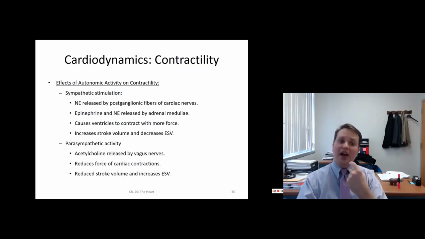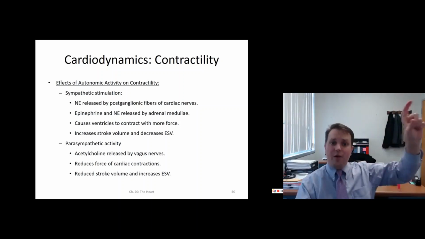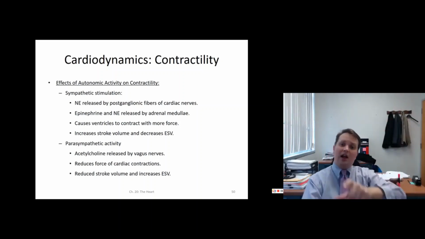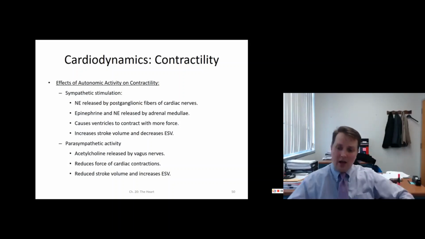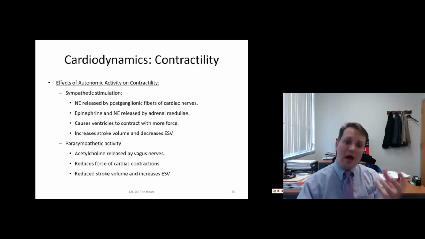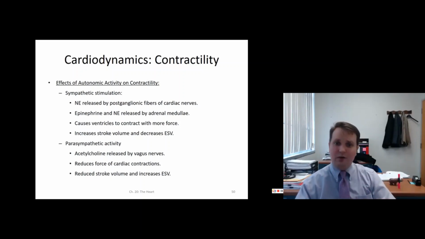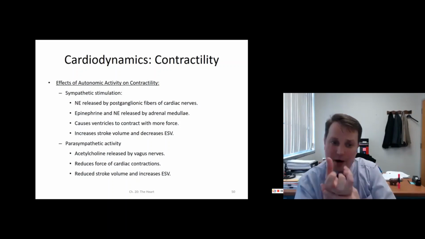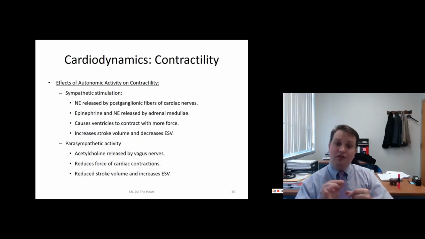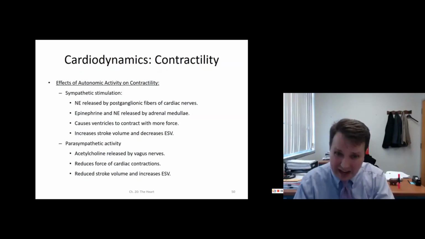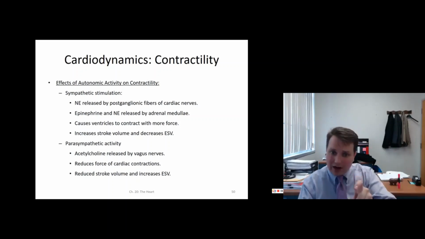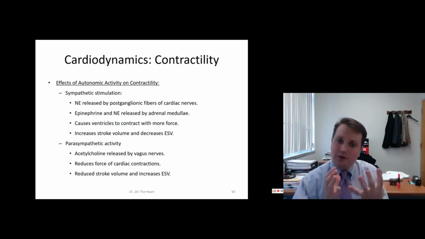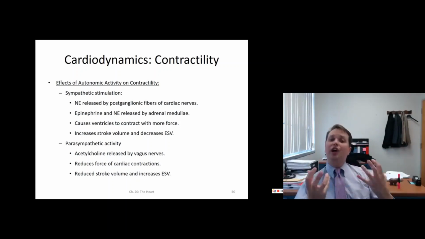Now, sympathetic stimulation uses norepinephrine from your postganglionic cardiac fibers, that's your cardiac plexus. It releases norepinephrine, and both epinephrine and norepinephrine can do this as well, especially through the suprarenal medulla or adrenal medulla. This will cause the heart muscle cells to contract with a greater force, because through cAMP, which we talk about in endocrine, you're going to bring in more calcium, and calcium, remember, causes an increase in contraction.